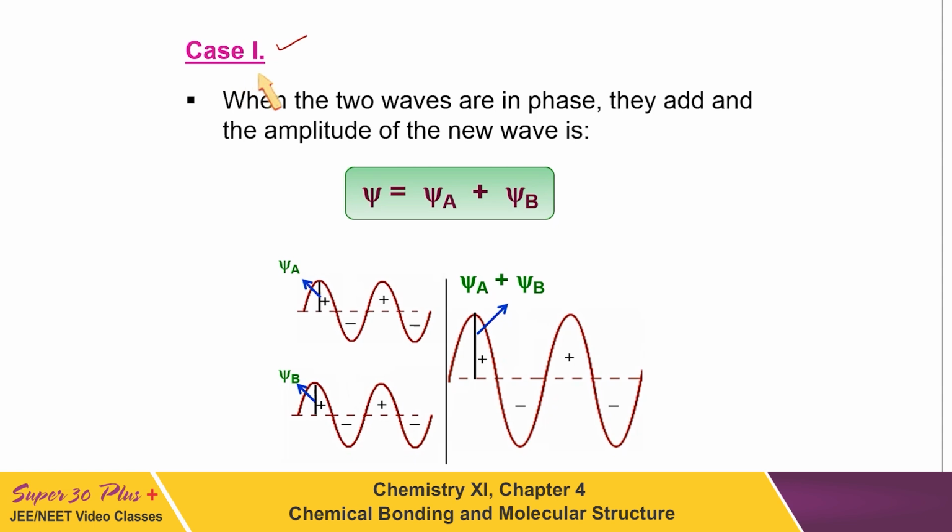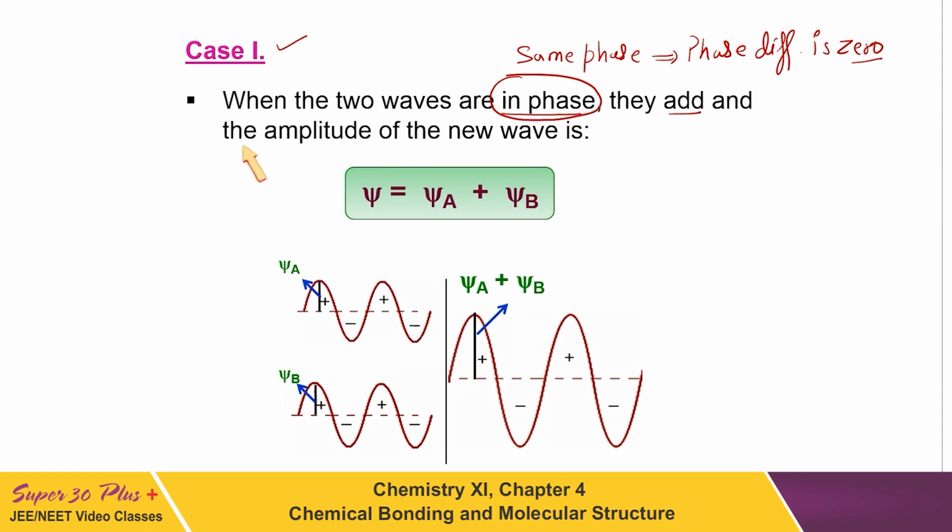Case number 1, when the two waves are in phase. In phase means same phase, where the phase difference is 0. When the phase difference is 0, they combine in the in-phase combination, they are added, and the amplitudes of the waves are also added.